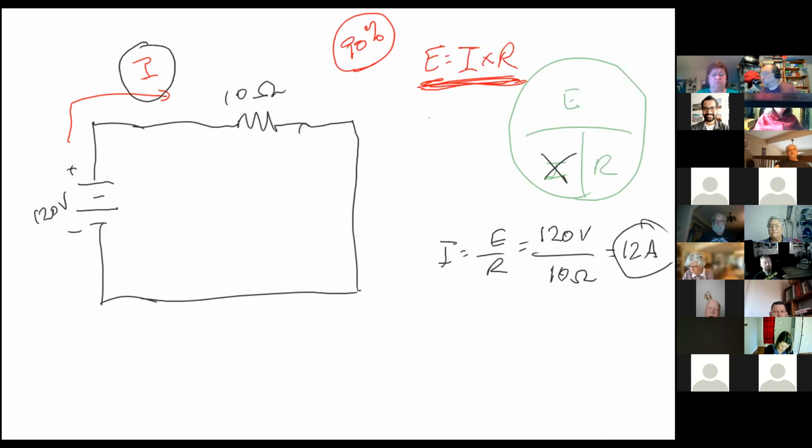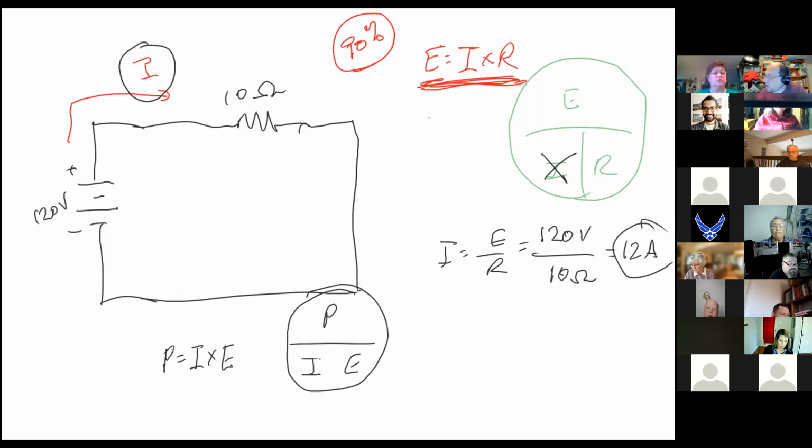Okay. We are well on our way. So what's the next part of Ohm's law? Power. Everybody likes to eat pie. Here we go. Now we're going to figure out how much power is being dissipated. Okay, so what's the thing that we don't know again?